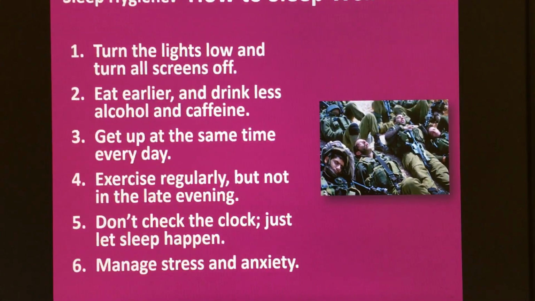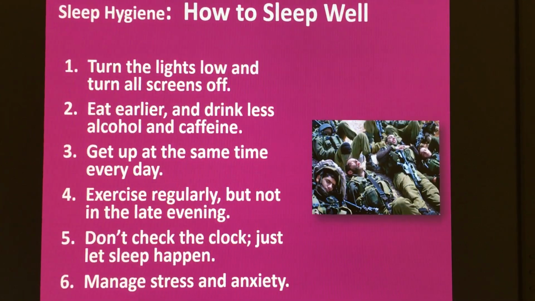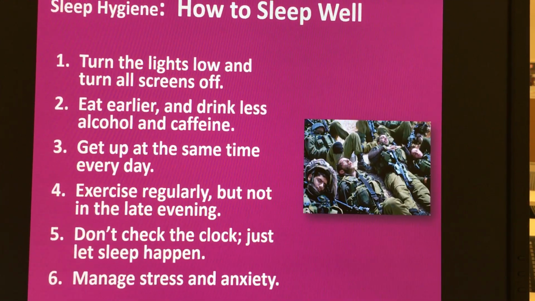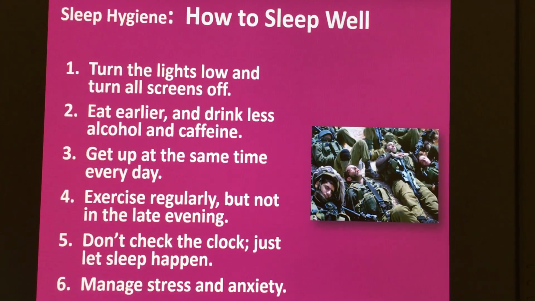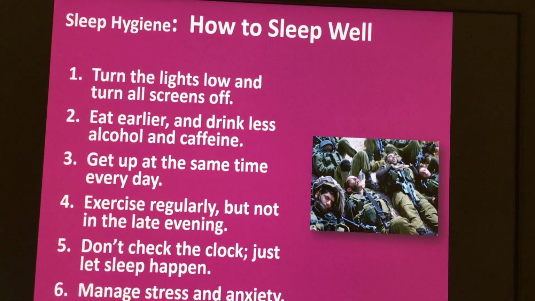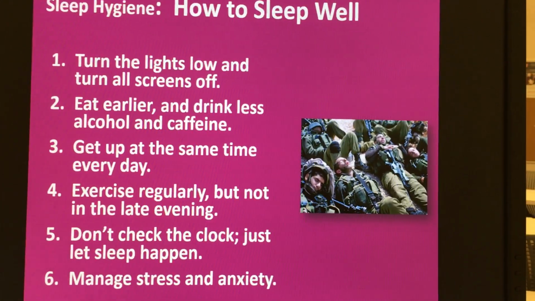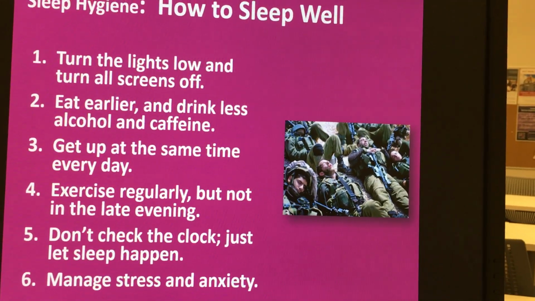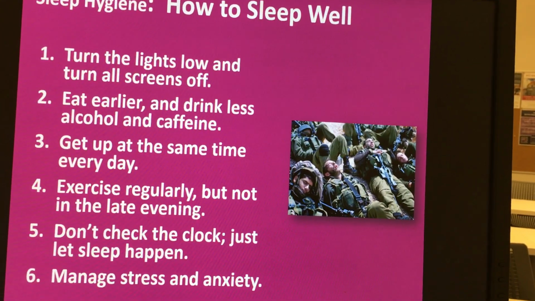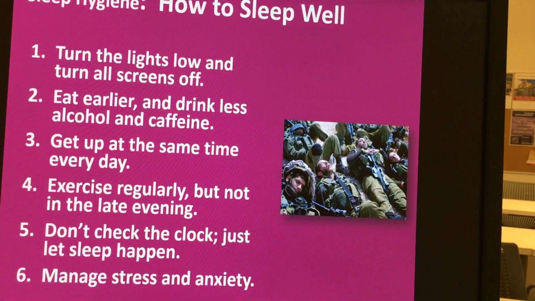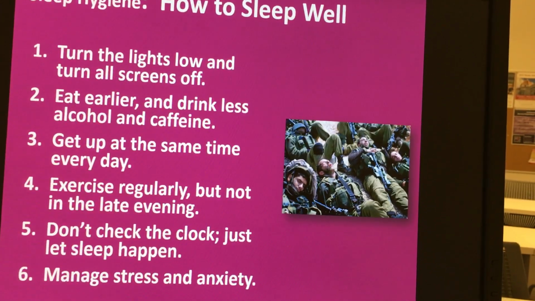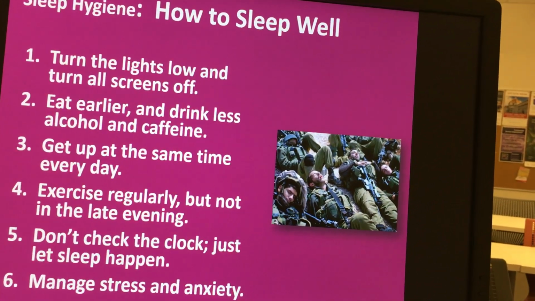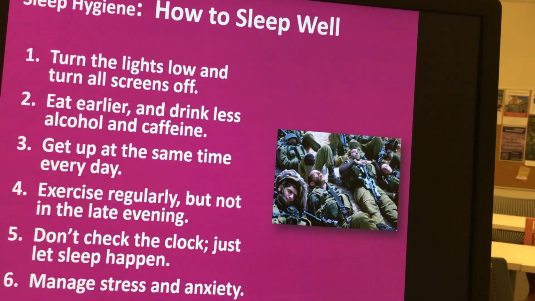So here you have a list, okay? Here you have a list of sleep hygiene, which basically refers to the effective strategies for increasing the likelihood of effective and long sleep. Okay, so for example, turning the lights low and turning the screens off has to do with the fact that light stimulates the suppression of a hormone called melatonin, and a lot of screens in devices that we use actually have blue light, and blue light basically decreases the production of melatonin.